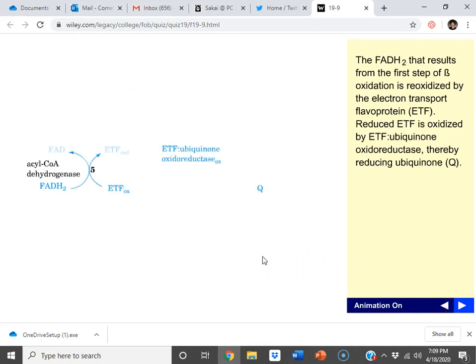So this video doesn't show the rest of that, but it does show what happens to the FADH2. Remember where we are. We're in the mitochondrial matrix. So the FADH2 can give its protons and electrons to complex 2, that's what this is right here, and then to coenzyme Q to form QH2, and then QH2 goes through the rest of electron transport.